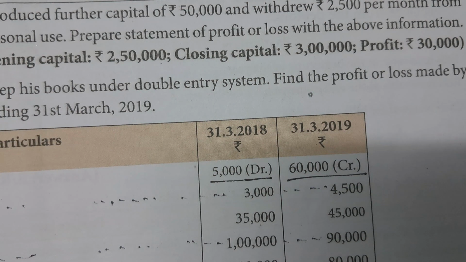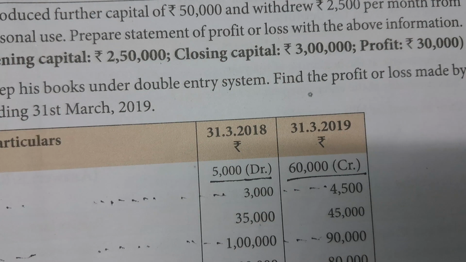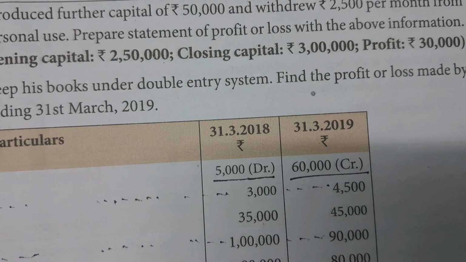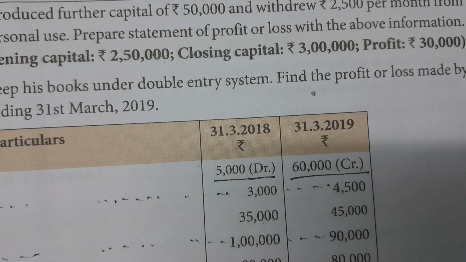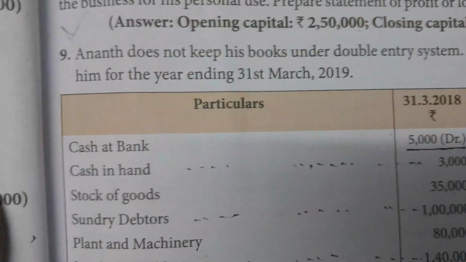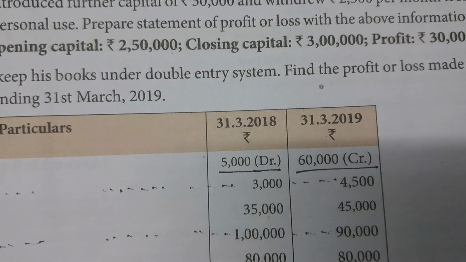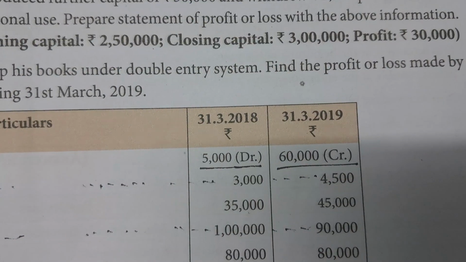Here the opening date is 1/4/2018, and the end of the year is 31/3/2019. Cash at bank 5,000, debtor, 60,000, creditors.